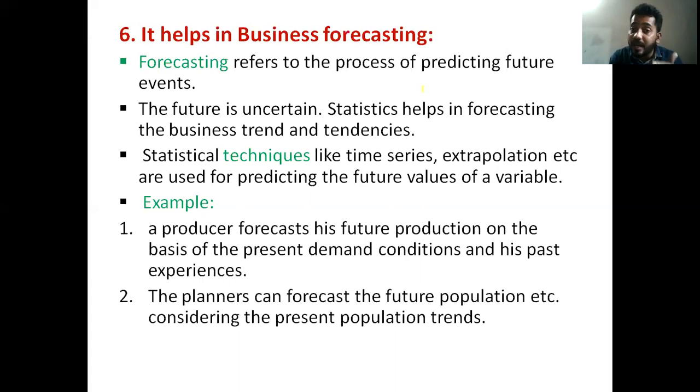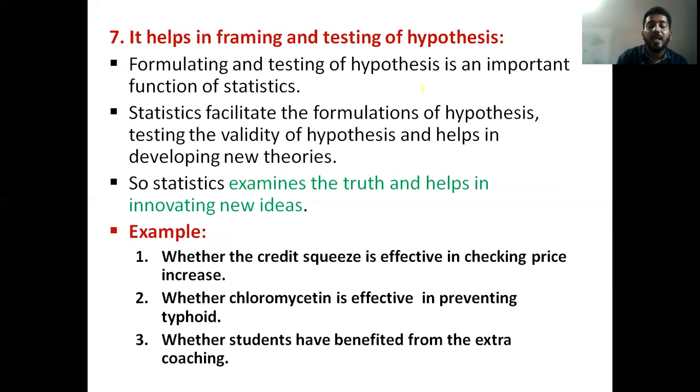Based on your past experience as well as the present condition of demand and supply, you can predict the future, how it will be. Yes or not? Surely yes. So this is how statistics helps a business organization to forecast the future.